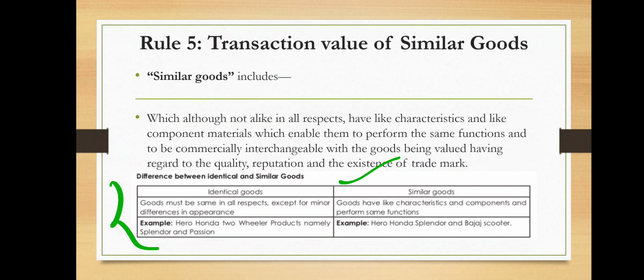Majorly the product looks the same itself. For example, Hero Honda two-wheeler products, namely Splendor and Passion. Both are identical goods.